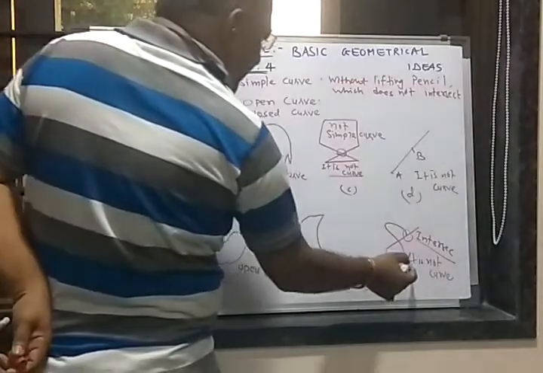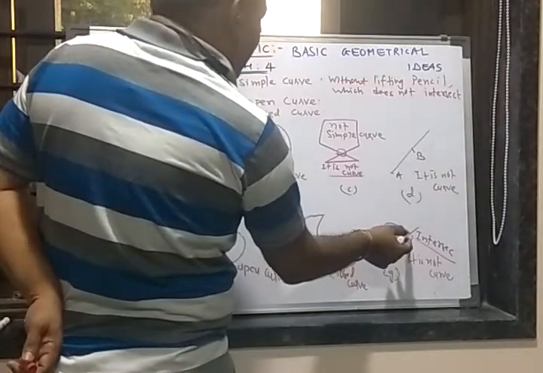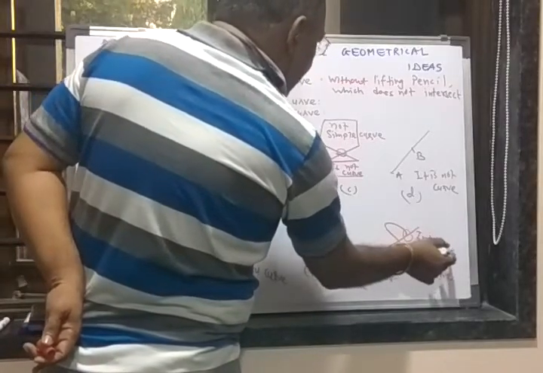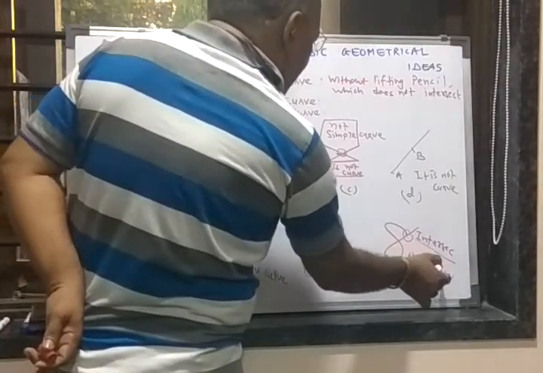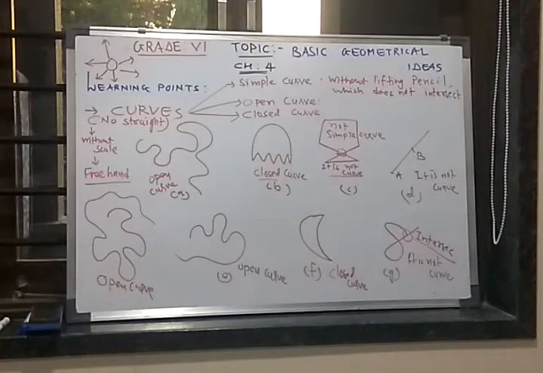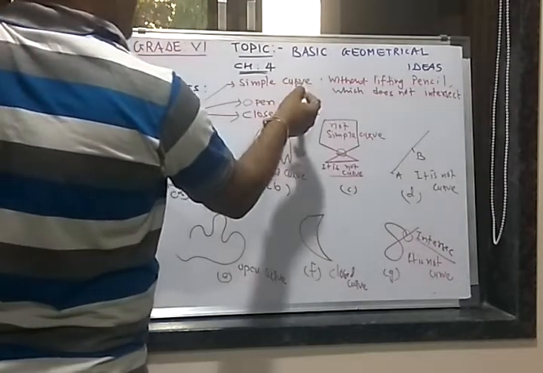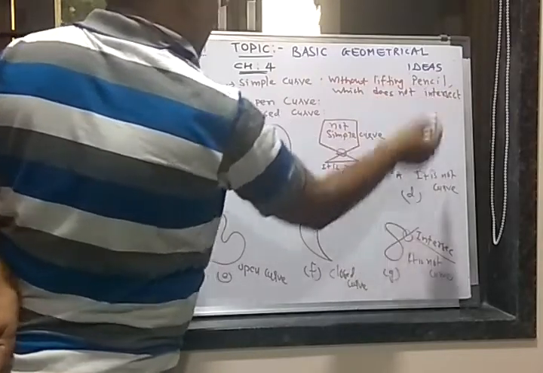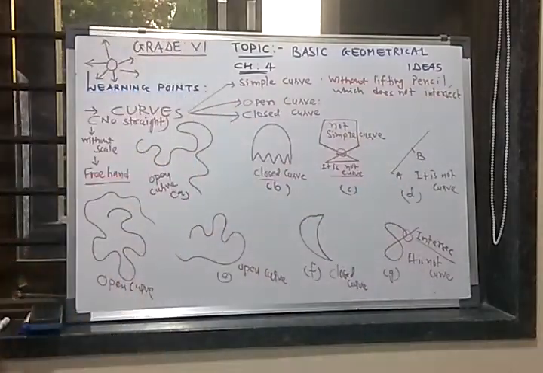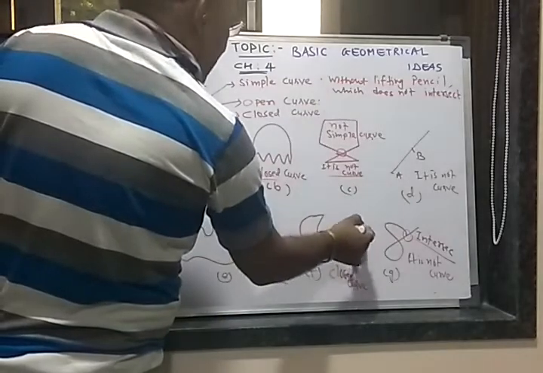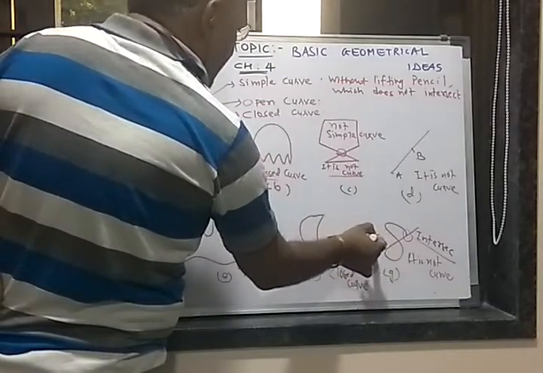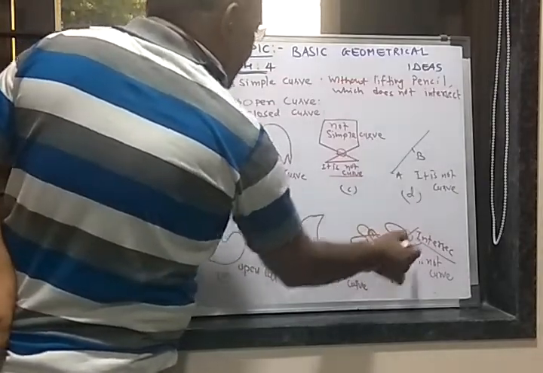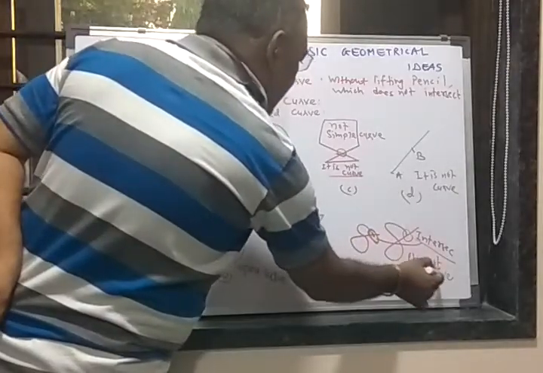If they intersect, it is not a simple curve. So simple curve means without lifting the pencil, which does not intersect. Here it intersects, so it is not a simple curve. Okay.